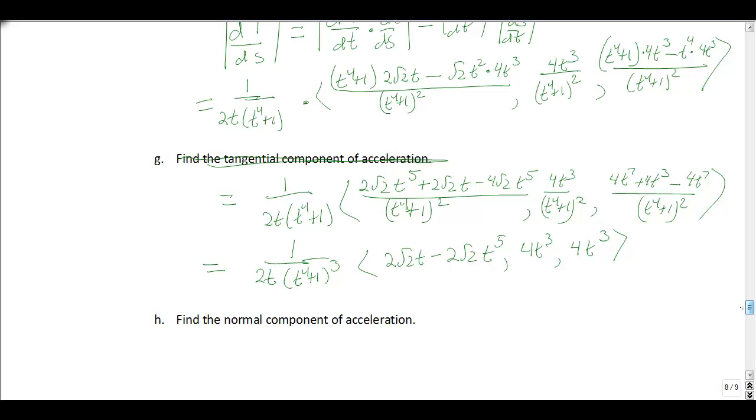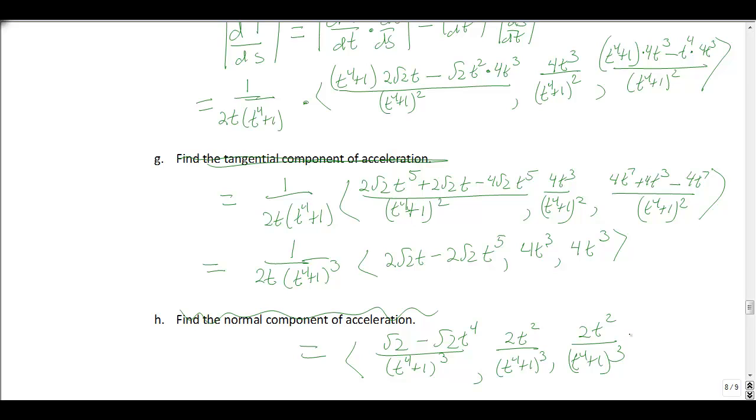And then when I do my component-wise division, what I get when I divide by these things: I can cancel out the 2 and the t's, so I get the first component, square root of 2 minus square root of 2 t to the 4th over t to the 4th plus 1 cubed, comma, 2t squared over t to the 4th plus 1 cubed, and then same thing, 2t squared over t to the 4th plus 1 cubed.